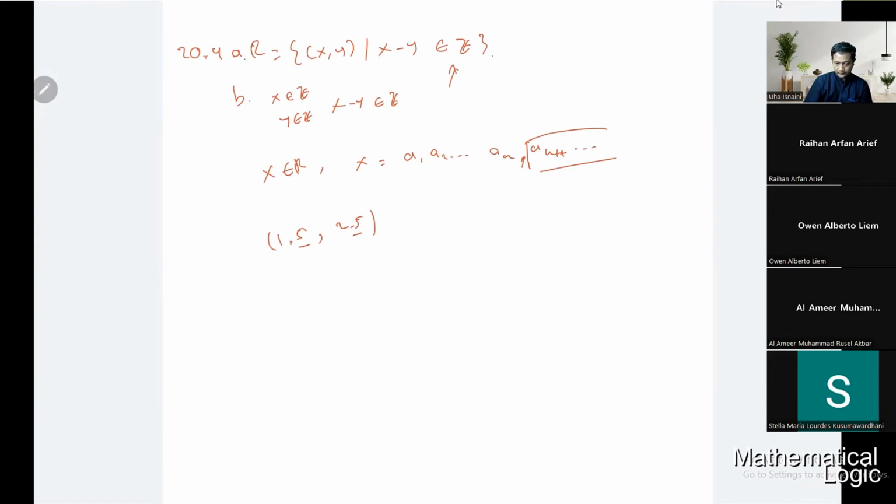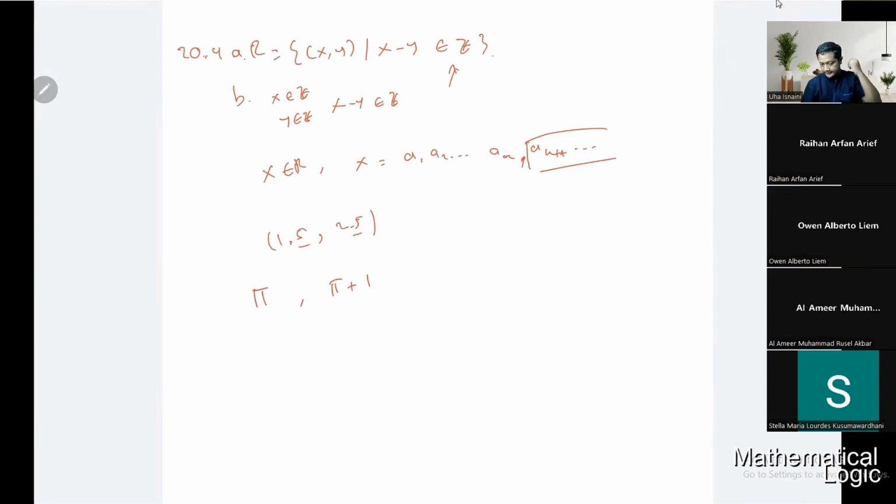So almost everything is there. Even irrational numbers can be included, because, for example, pi and pi plus 1 are also included. That almost covers everything.